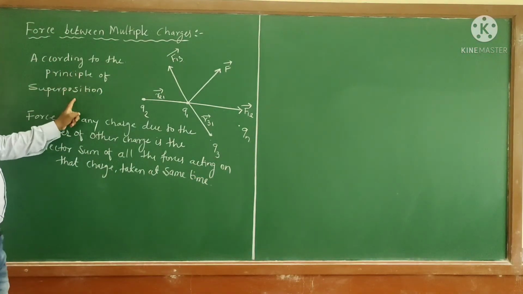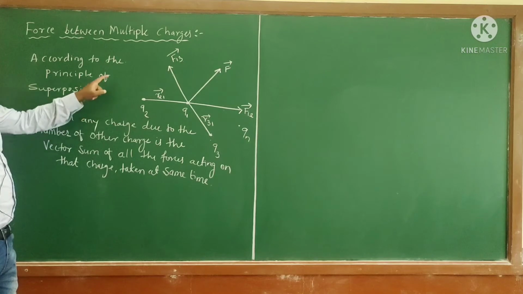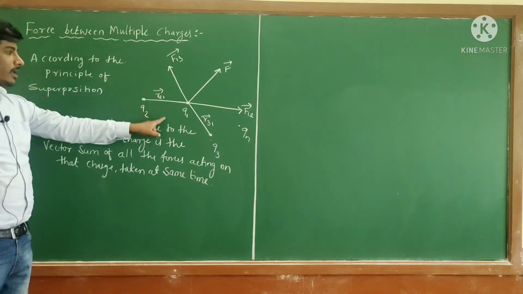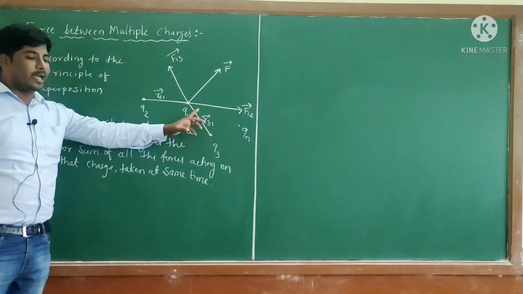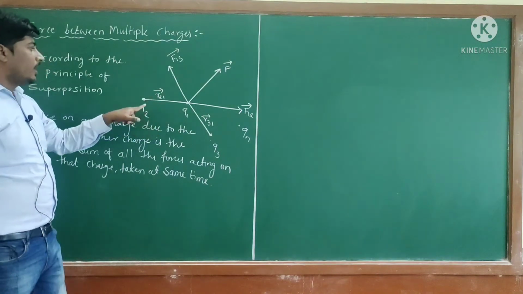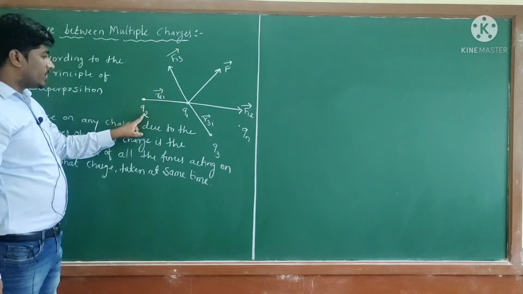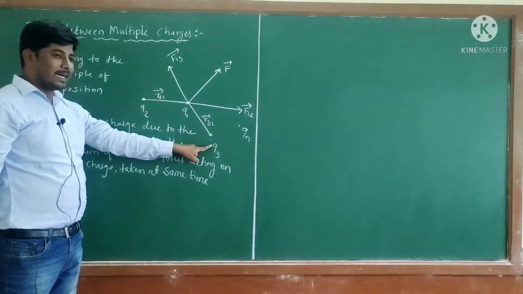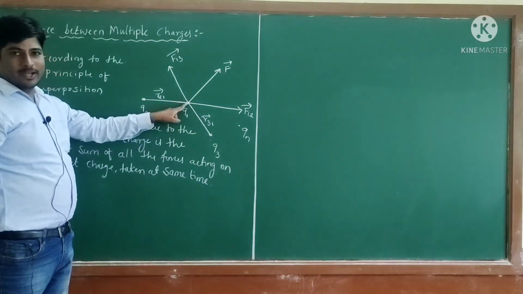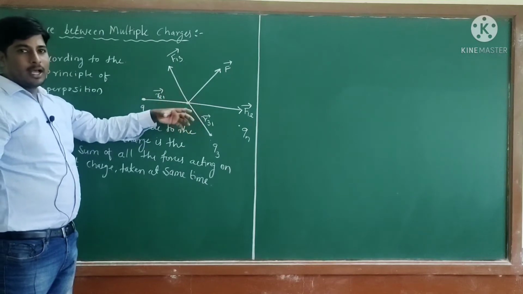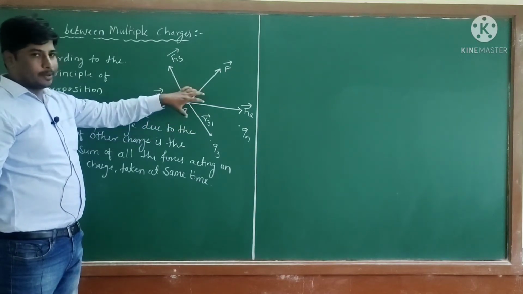According to the principle of superposition, to calculate the force on multiple charges, here there are charges 1, 2, 3 and n. We are calculating the force on charge Q1 due to the charges Q2 and Q3. You can take the force on any charge, Q1 or Q2 or Q3; what I am taking here is Q1.